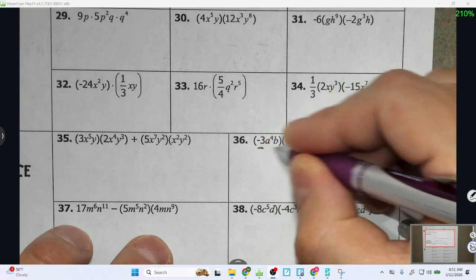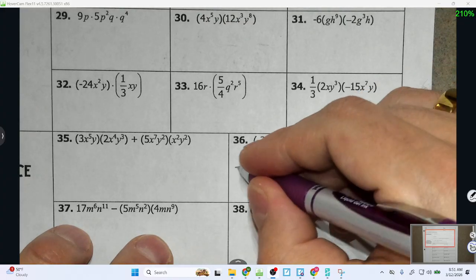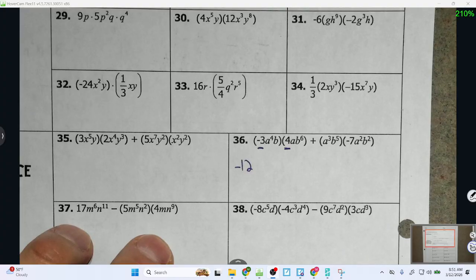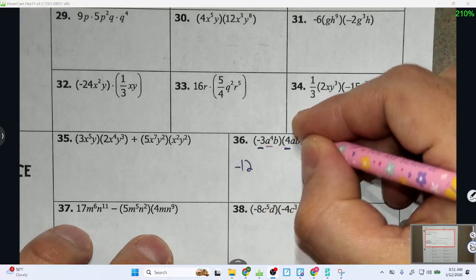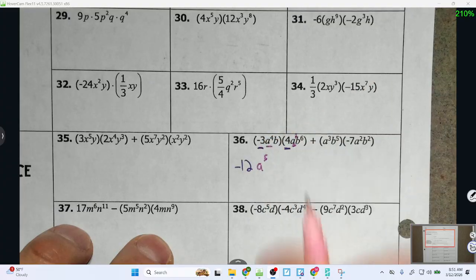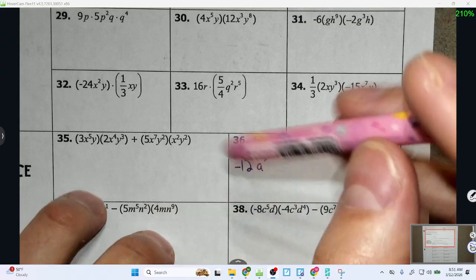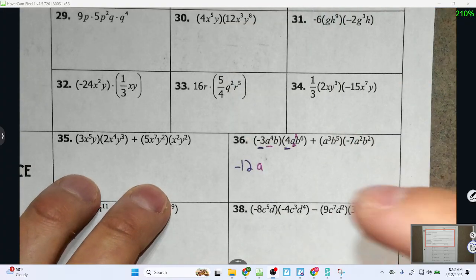So multiply these coefficients. Negative 3 times 4 is negative 12. Keep the base and add these exponents. A to the fourth, a to the first, a to the fifth. Okay, that's a 5, sorry. I'll make that better for you. A to the fifth, right?